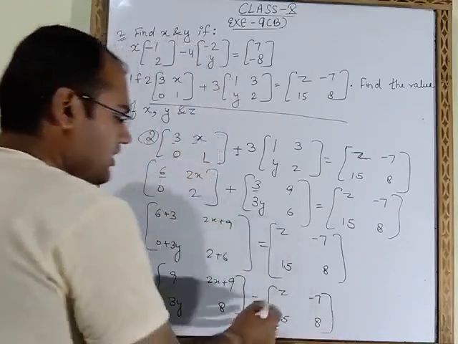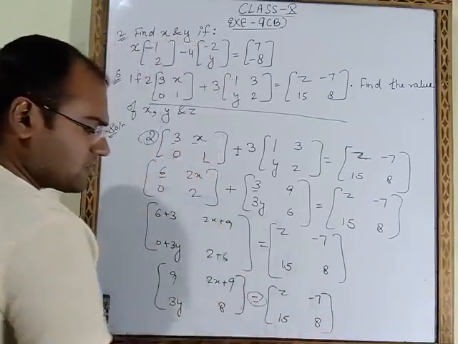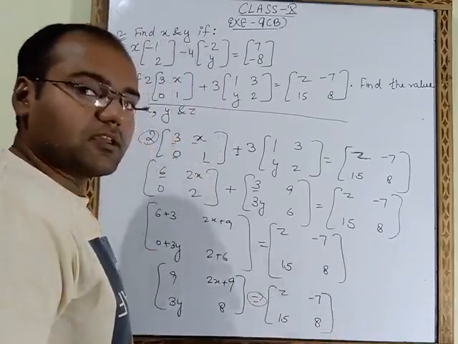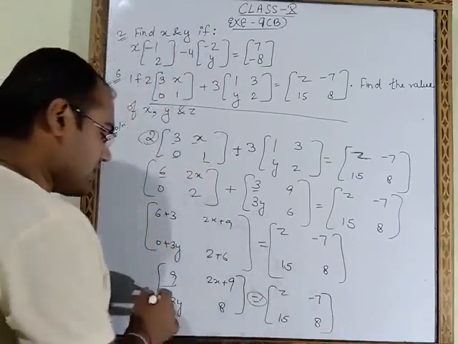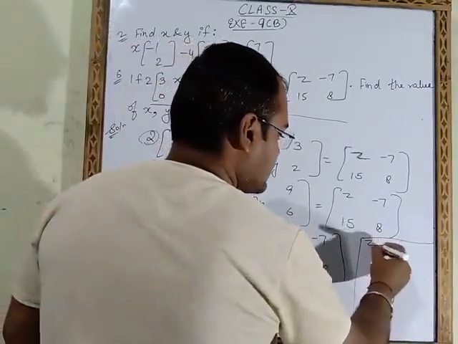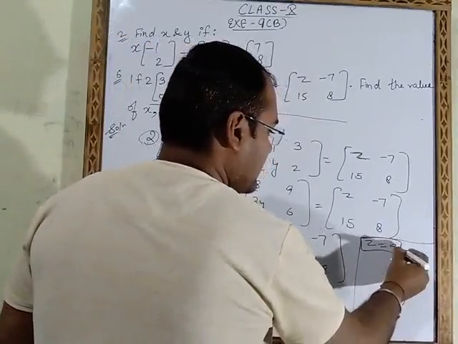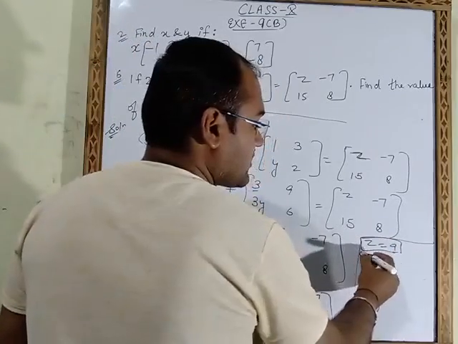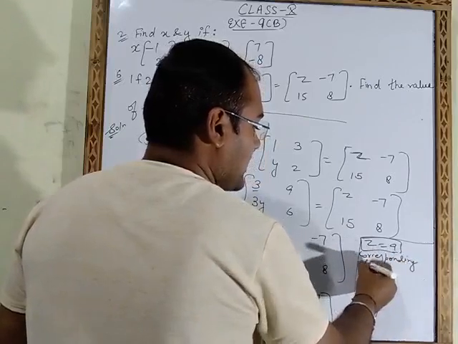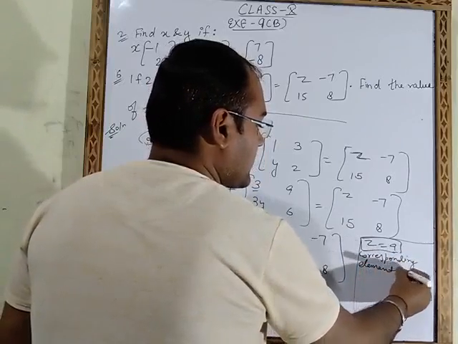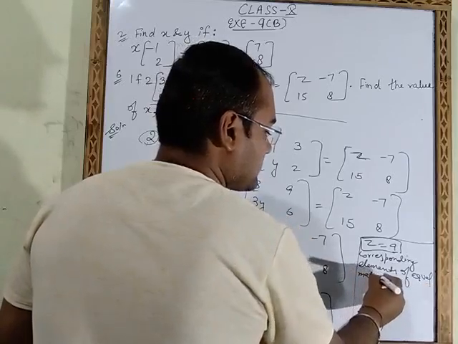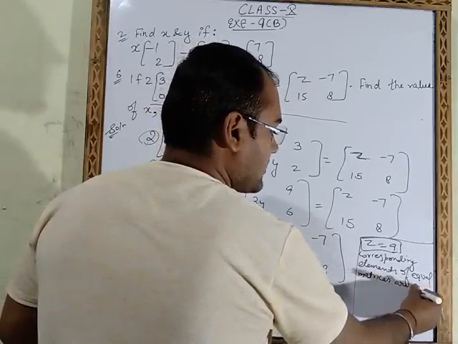Now in between both the matrices an equal sign is coming, that means corresponding elements of these two matrices will be equal to each other. So the first element is 9 and here the first element is z, that means we can say that z is 9, because the reason, which you also have to mention, is corresponding elements of equal matrices are equal.